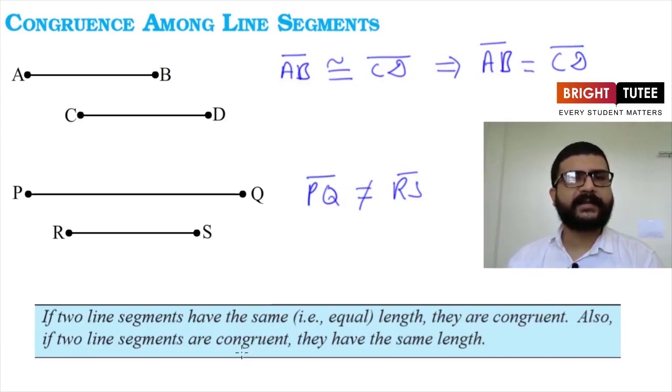Also, if two line segments are congruent, then they have the same length. So it is an if and only if kind of condition. It is true both ways: if line segments are equal, then they are congruent, and if they are congruent, they are equal also.